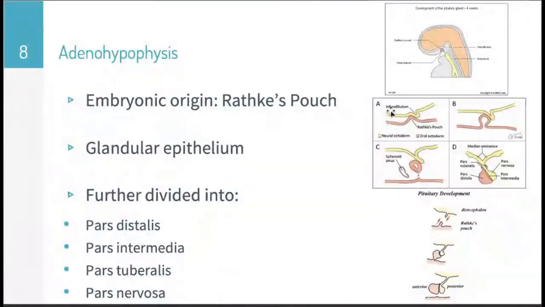And this eventually goes on to form your anterior pituitary gland, whereas superiorly here, part of the diencephalon's floor grows caudally, which means downwards, forming the pars nervosa, which is your posterior pituitary, with a stalk which develops into your infundibulum.